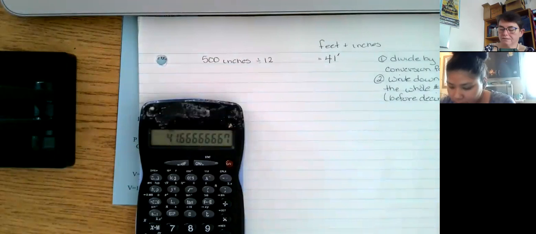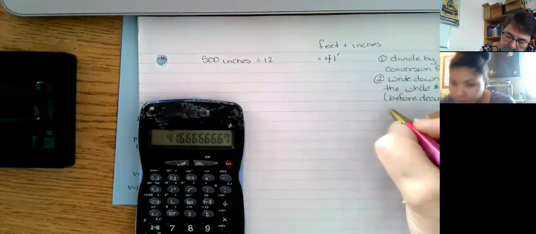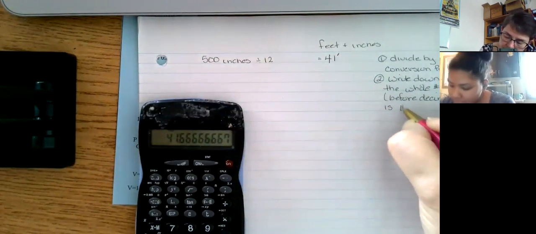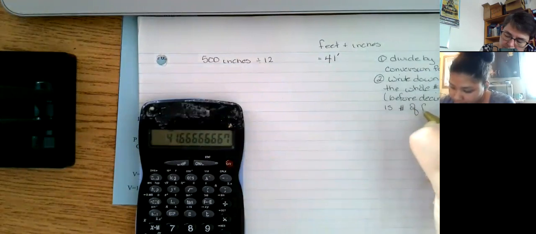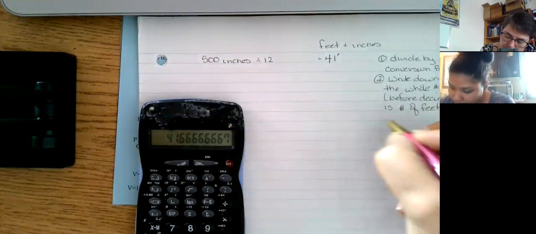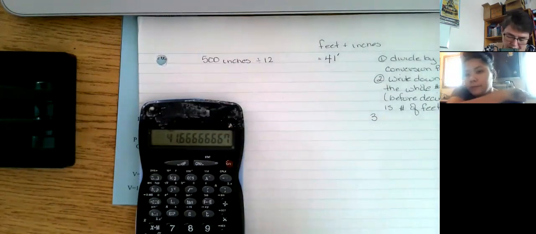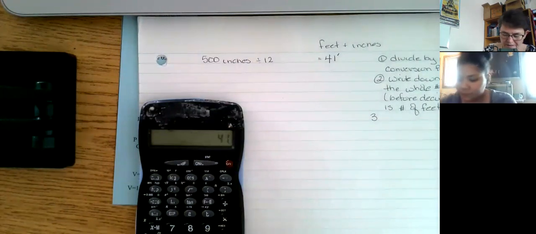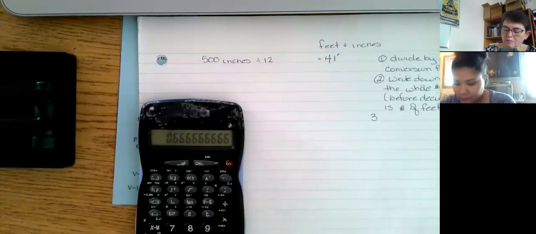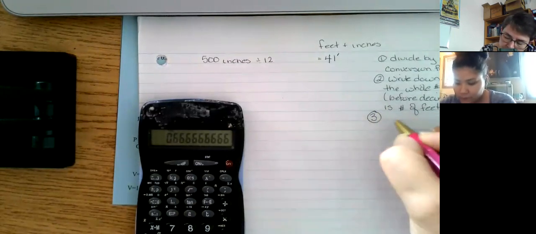That's your number of feet. Now we're going to subtract 41 from our answer and leave just the decimal part.